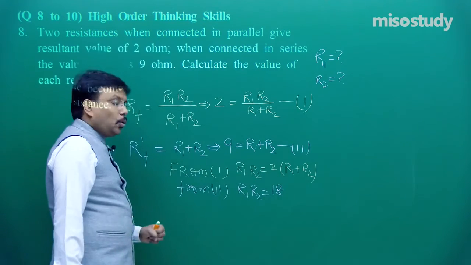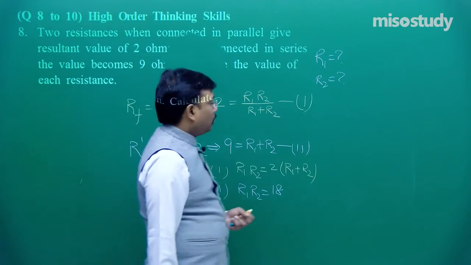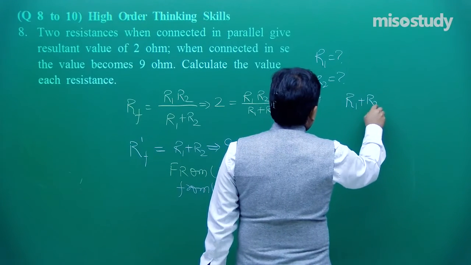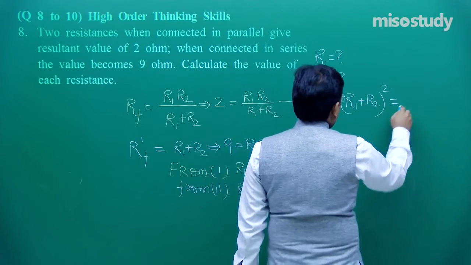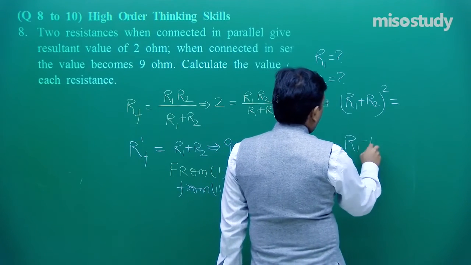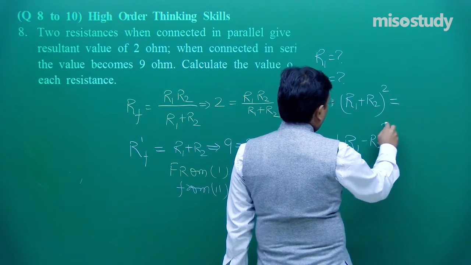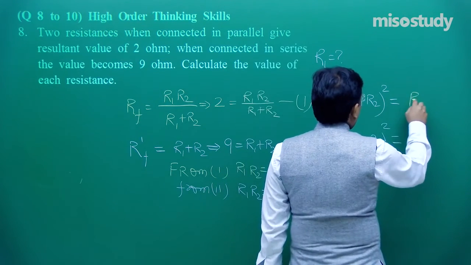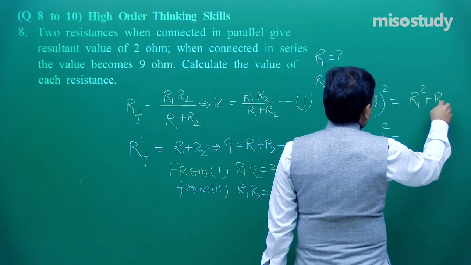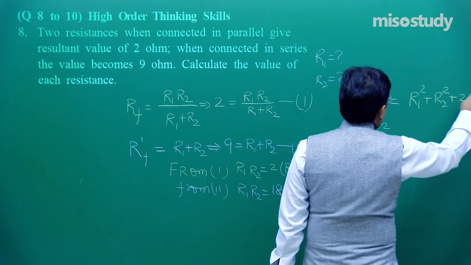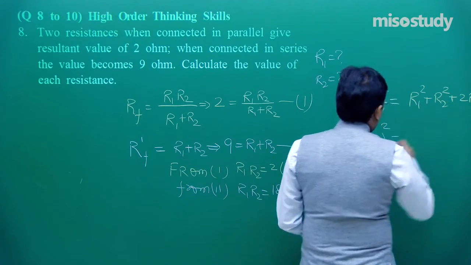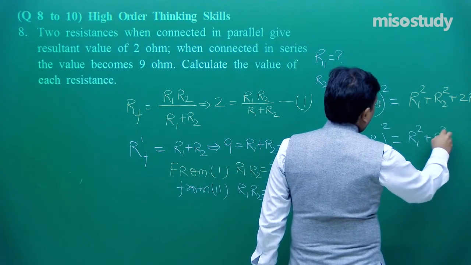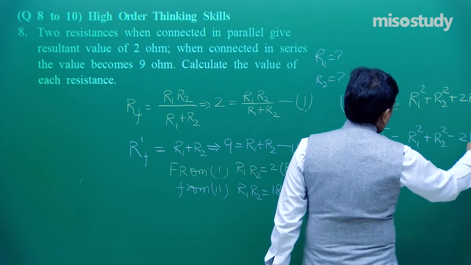Now, use two simple formulae. First formula is R1 plus R2 whole square, and second formula is R1 minus R2 whole square. From the first you will get R1 square plus R2 square plus twice R1 R2, and from the second you will get R1 square plus R2 square minus twice R1 R2.